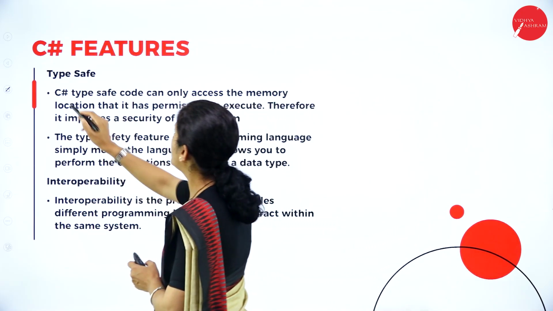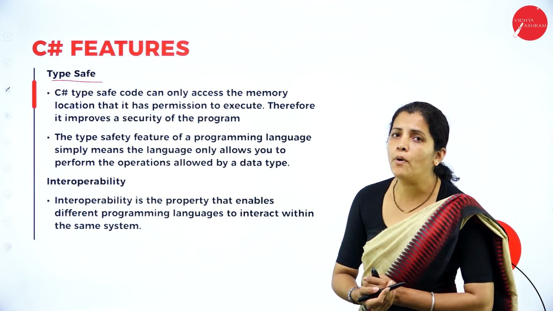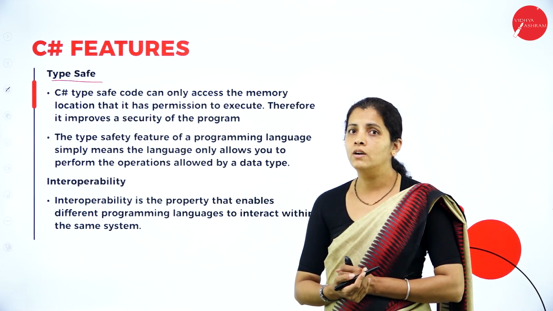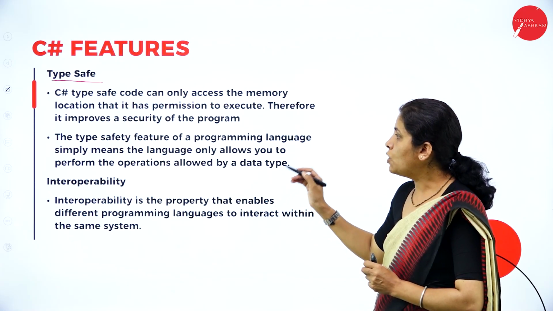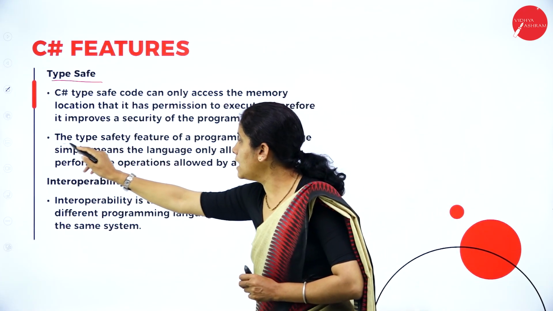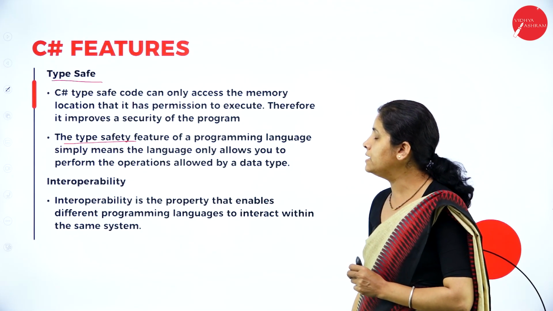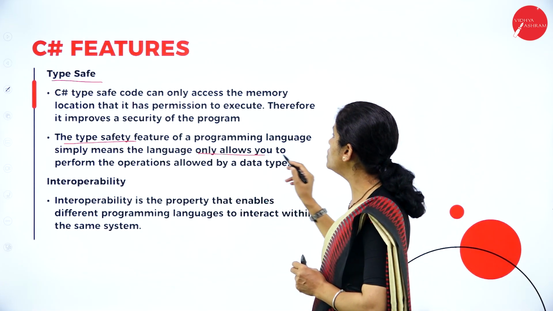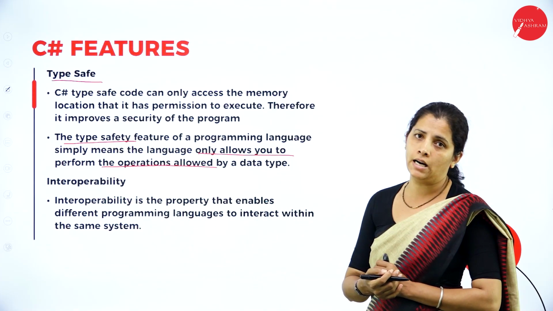Another one is type safety. It is a very important feature of C# programming. See here, the type safety feature of a programming language simply means the language only allows you to perform the operations allowed by the data type.